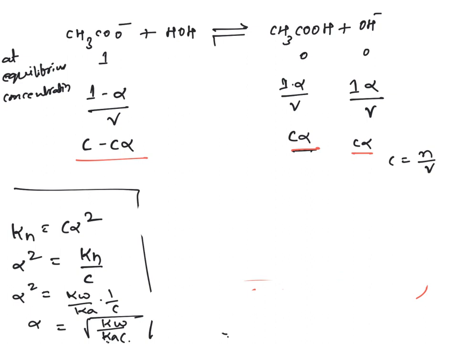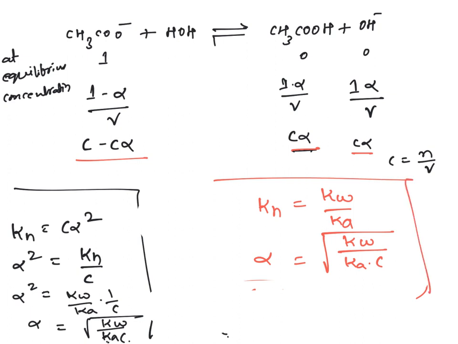So these two expressions are important, that is Kh equal to Kw by Ka, and another one is alpha equal to under root Kw by Ka, the acid dissociation constant, into the concentration of the salt. So based on these two equations, they may give problems in the exam.